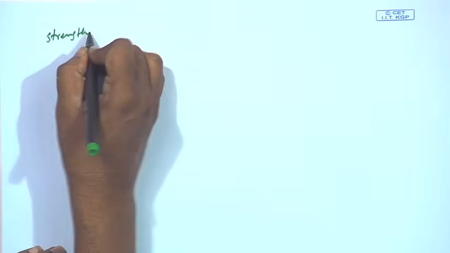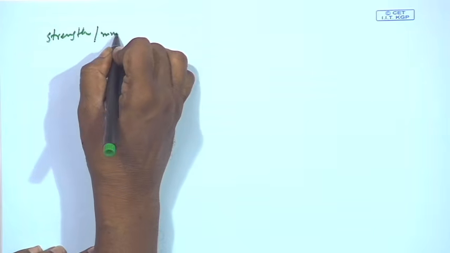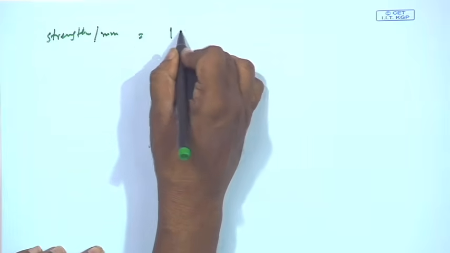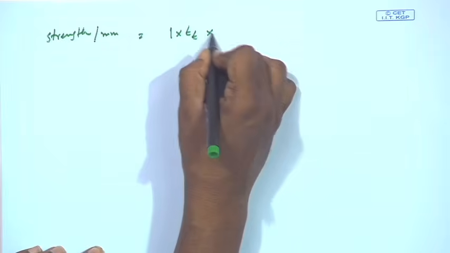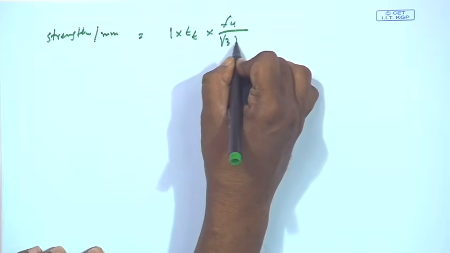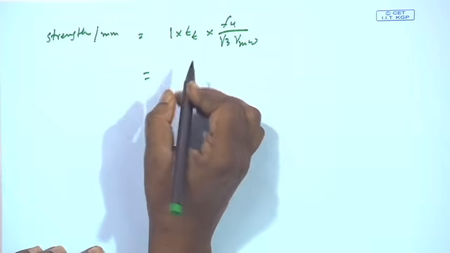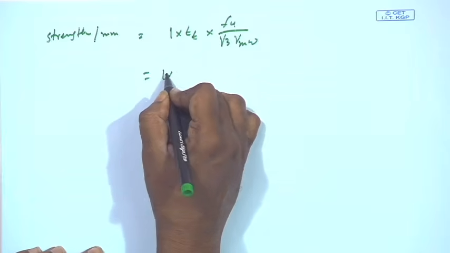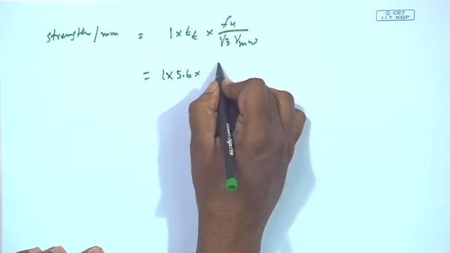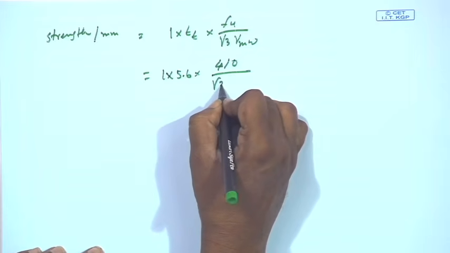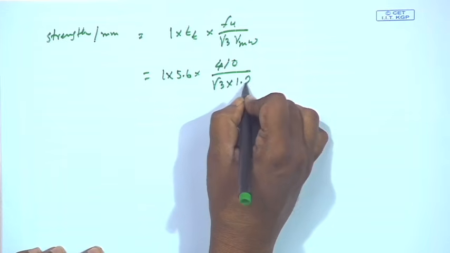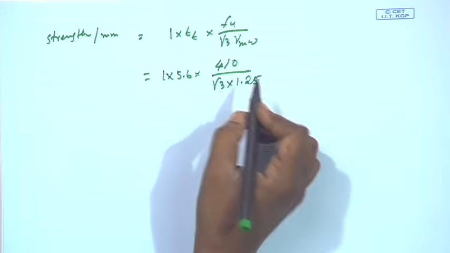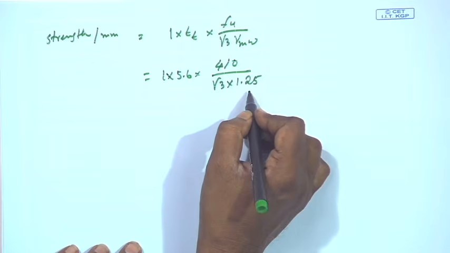Now, I can find out the strength of the weld per millimeter length, which will be 1 into T T into Fu by root 3 gamma m W. So, 1 into T T is 5.6, Fu is 410 by root 3, and gamma m W we can assume as 1.25 for shop welding, and for field welding it will be 1.5.